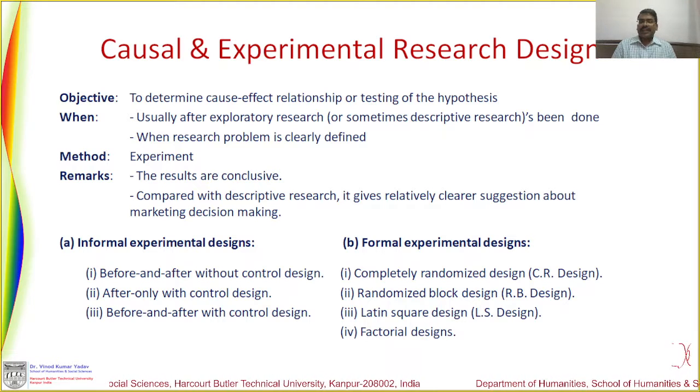That means if variable X is connected with Y, to what extent is X affecting Y, or is Y affected by X. So we need to look at this cause-effect relationship, and that is why it is sometimes also called a causal research design.